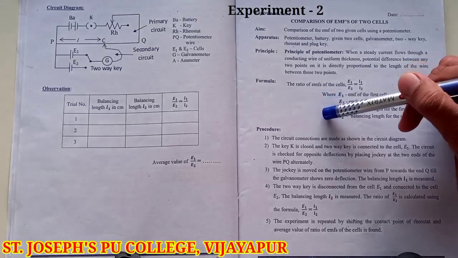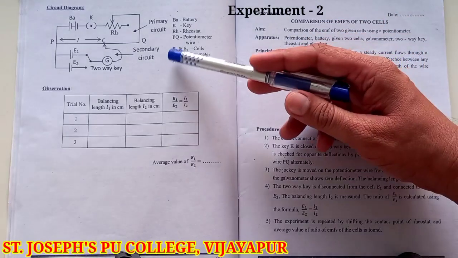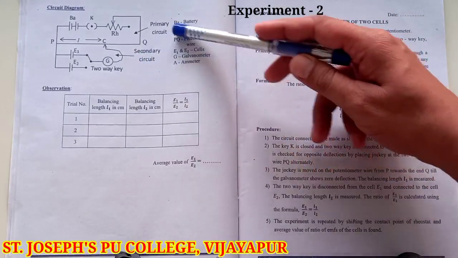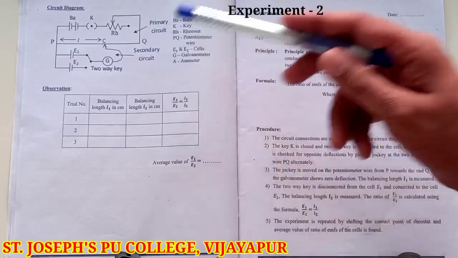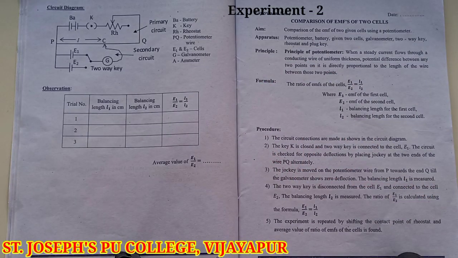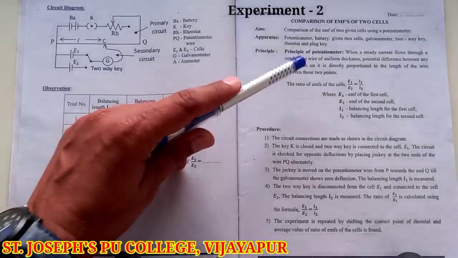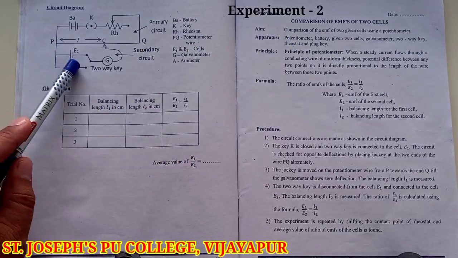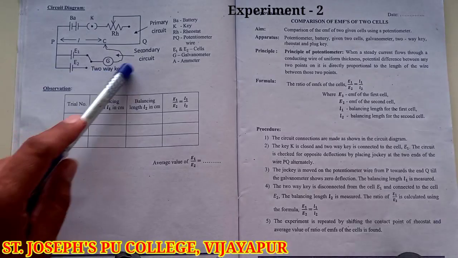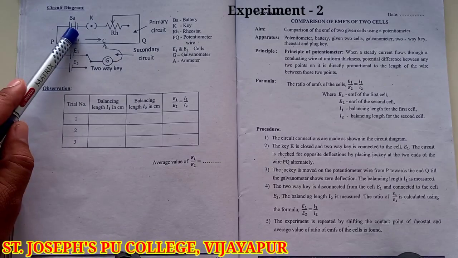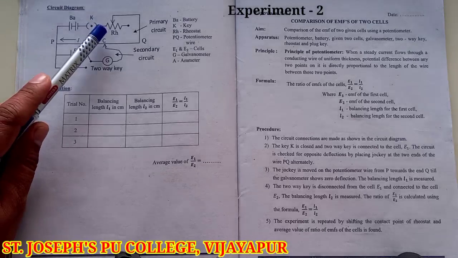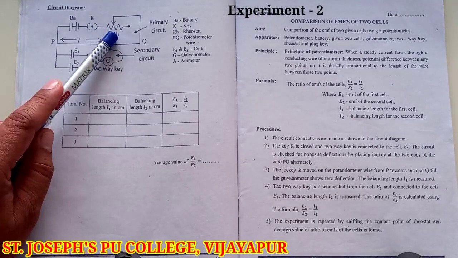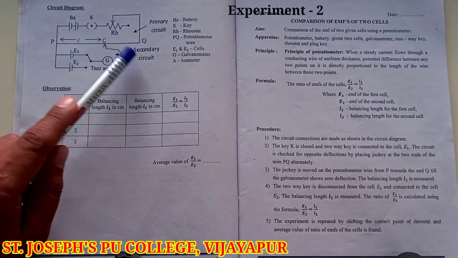Next, we move on to the circuit diagram. Based on the apparatus, we have to arrange the apparatus as per the circuit diagram. The battery is placed here, with a plug key and a rheostat, and the potentiometer.